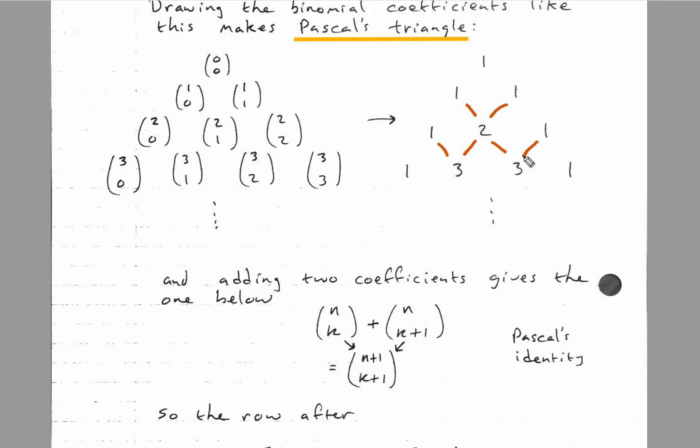Also 2 plus 1 is 3. So you can see Pascal's identity here. 2 choose 1 plus 2 choose 2 is equal to 3 choose 2.